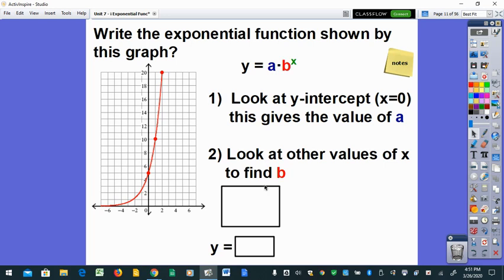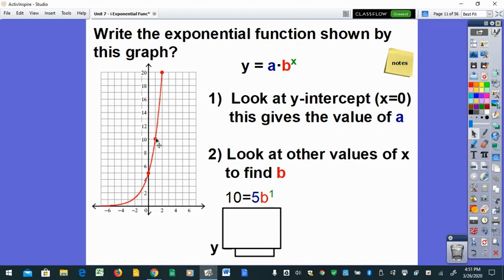Now, the next thing we need to do is find b. And the only way we can do that is to replace the x and the y with a point on the graph. So we could use, for instance, 1 for the x, 10 for the y. So I'm going to write my equation: y, the y-coordinate of this point, 10, equals, remember that the a was the y-intercept, times b, and this x was the x-coordinate of this point.